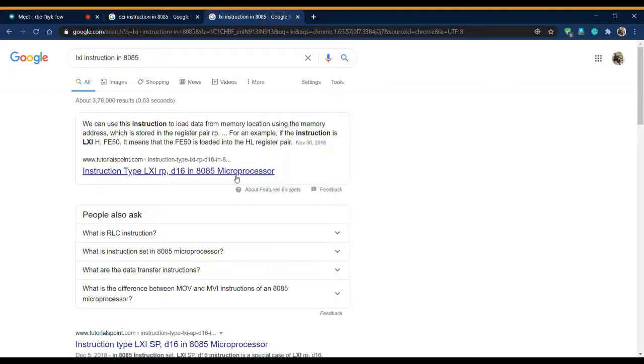So it is immediately loading the value 1000 into your registers B and C. Then the loop starts.